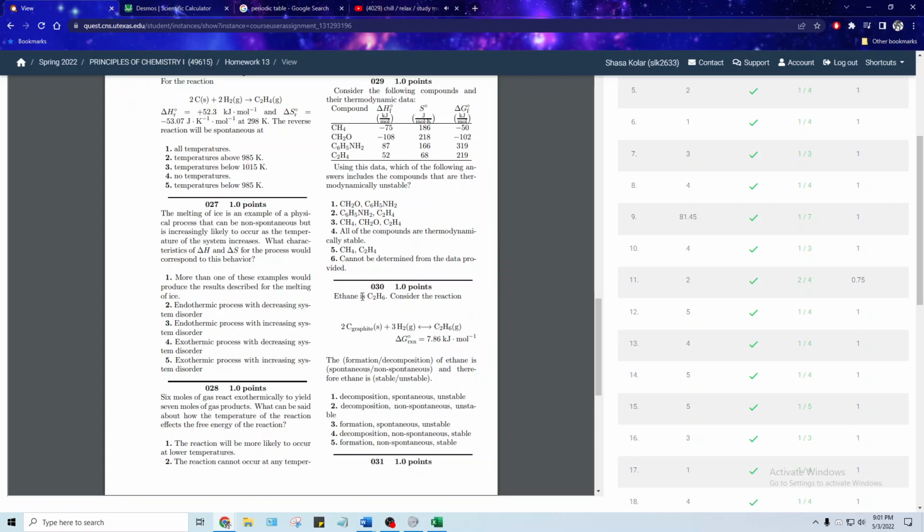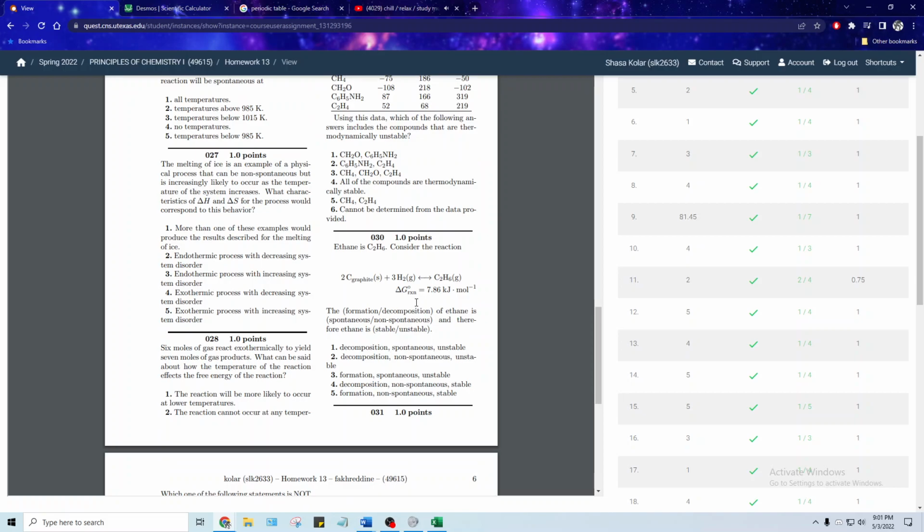Ethane is C2H6. Consider the reaction. So the formation of C2H6 is not spontaneous and is stable. But equally the opposite is true. But apparently number 1 is more correct. I don't totally understand why this is right and this is wrong when they're saying the same thing.